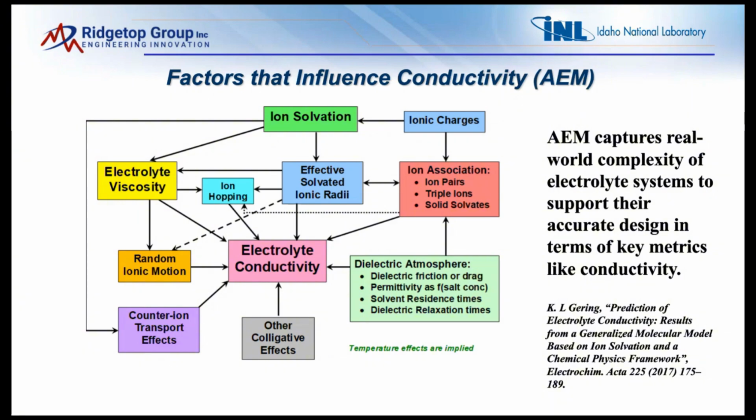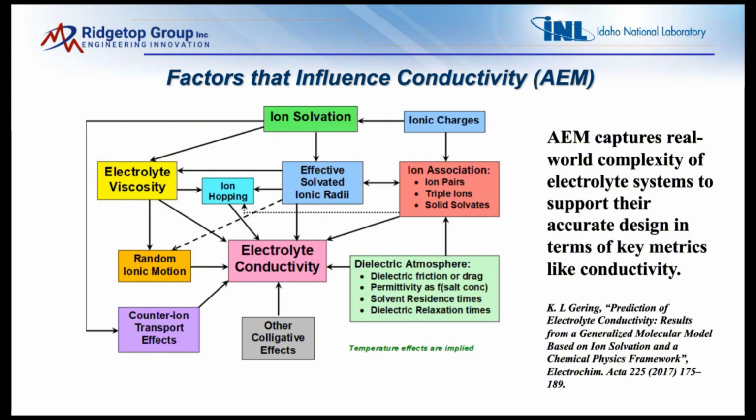This slide helps to point out the complexity of predicting some of these properties. This is the diagram that is at the basis of electrolyte conductivity predictions through AEM, seeing how complex and interconnected these terms are.